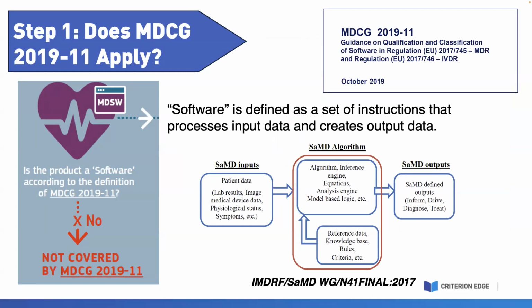But the guidance here defines the criteria for the qualification of software that falls within the scope of medical devices. Input data is really any data that is provided to the software in order to obtain that output data. Whereas the output data is any data produced by the software. So that could be screen display data, print data, digital documents, or audio files, recordings, all of those sorts of things would fall under the definition of the output.